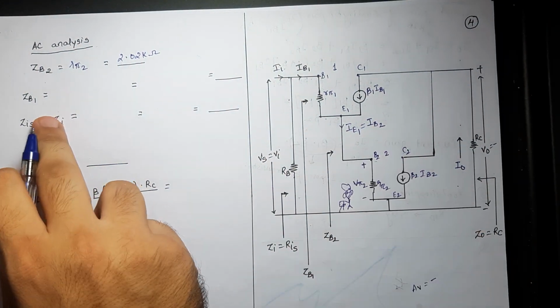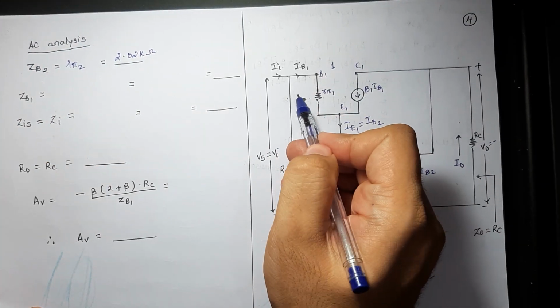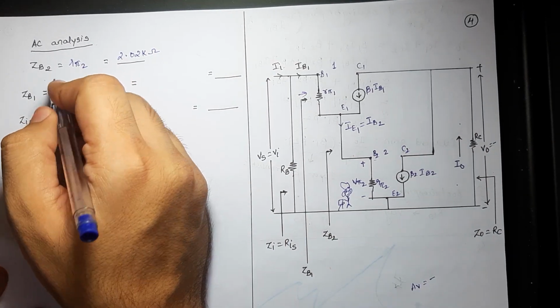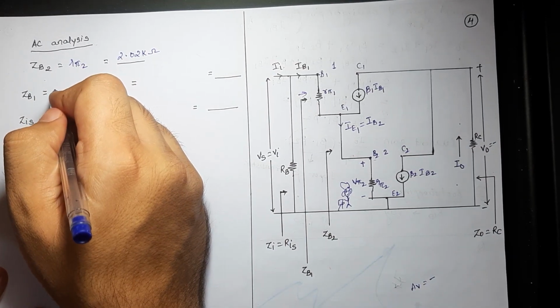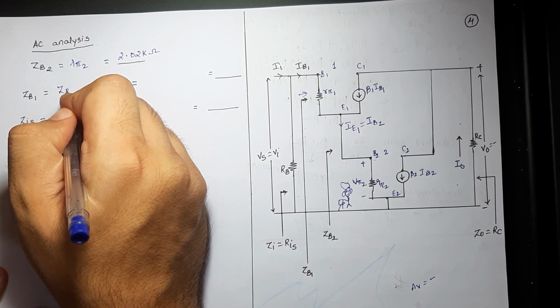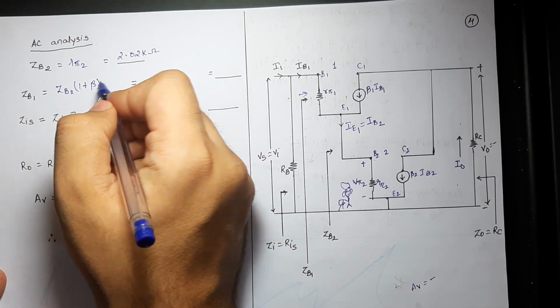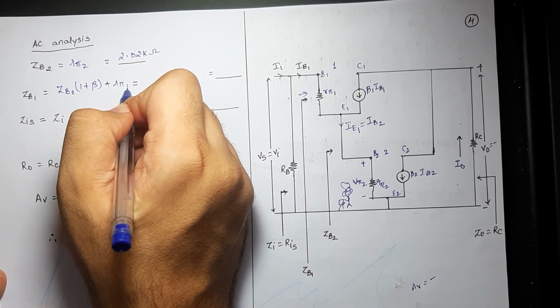Hence the formula for ZB1, which is visible from here, is ZB2 into 1 plus beta plus R pi 1.